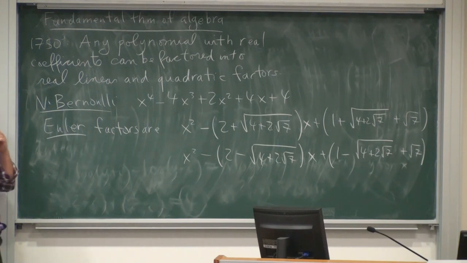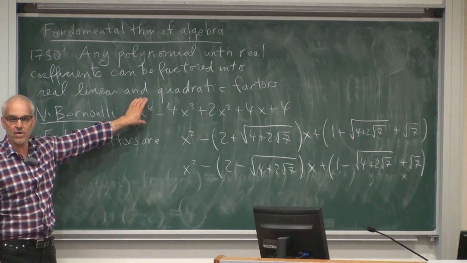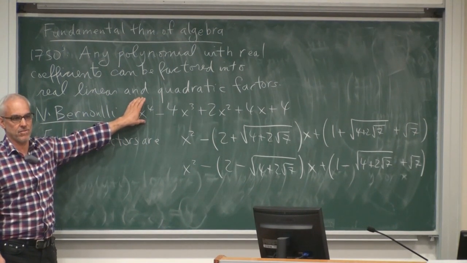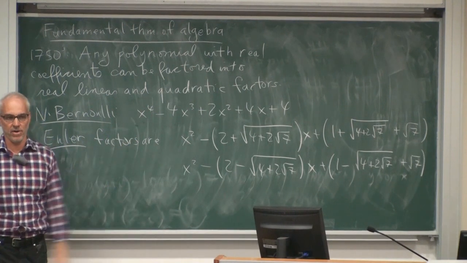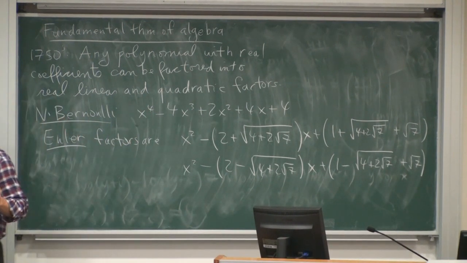So Euler thought about this. Euler was one of the people who believed this theorem and was interested in trying to prove it. But Euler was very practical and calculationally oriented, so he first tackled the quartic problem. How do you prove it just for quartic polynomials? How do you prove that if you give it any quartic polynomial, you can factor it into linear and quadratic factors?